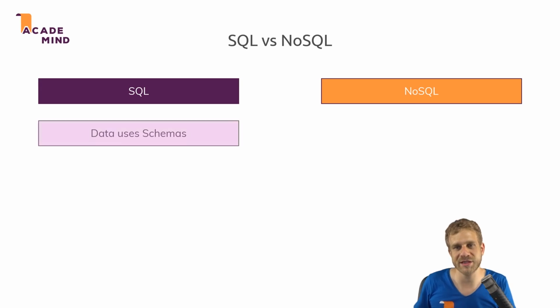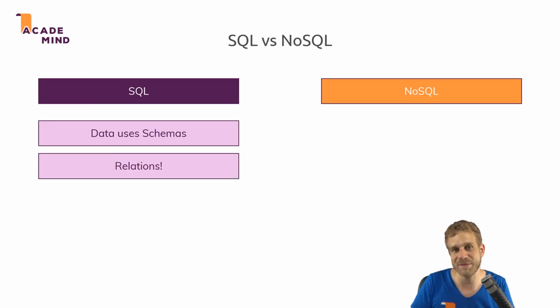SQL, for example, uses schemas, and that can be both an advantage or a disadvantage. It's a disadvantage if you want to be flexible about the data, but it's an advantage if you want to have that predictable layout. The relations also can be a huge advantage. If you have data, like say products and users, and they are changed frequently, then it might be worse to update them in multiple collections in the NoSQL world.